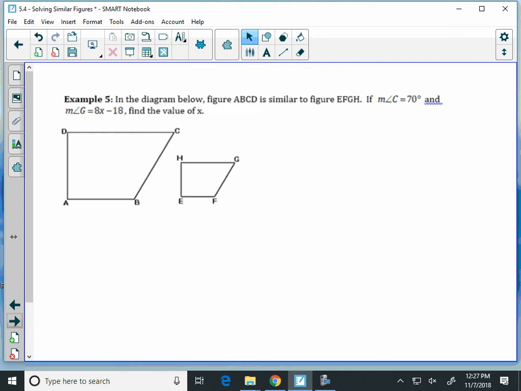One more. It says in the diagram below, figure ABCD is similar to figure EFGH. So I'm going to mark my angles.